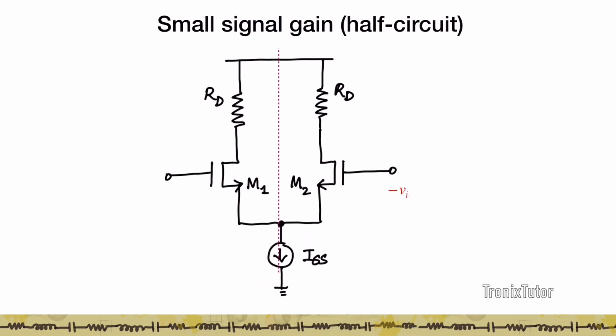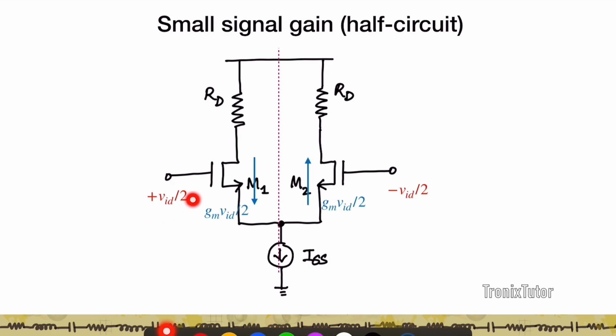Now let's trace and see what happens to the currents in such a circuit. So I've applied a plus VID by 2 to M1 and a minus VID by 2 to M2. M1 is a transconducting component, M2 is a transconducting component. So because of this positive VID by 2 applied to the gate of M1, M1 is going to pull a current of gm times VID by 2 from its drain to its source.